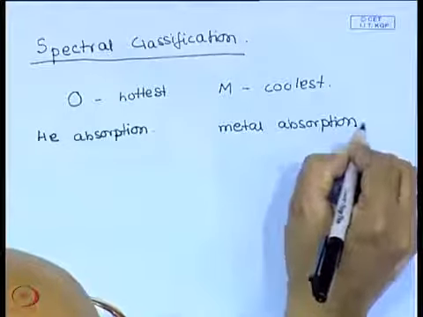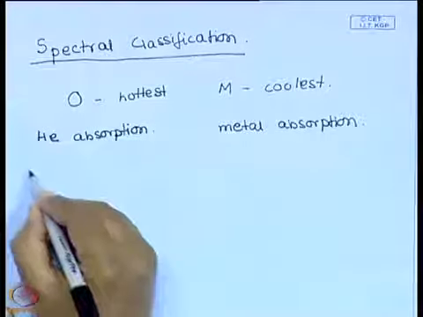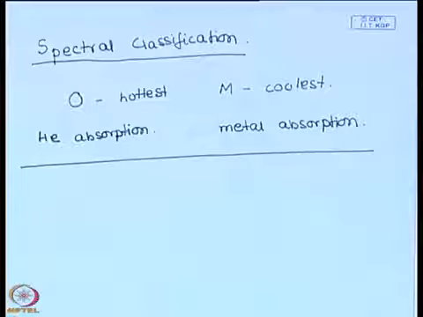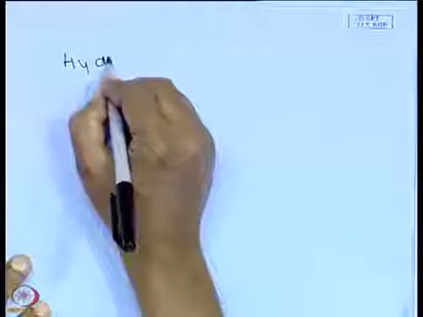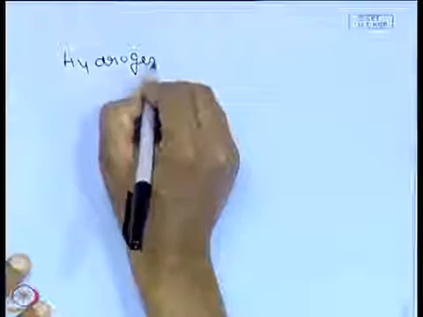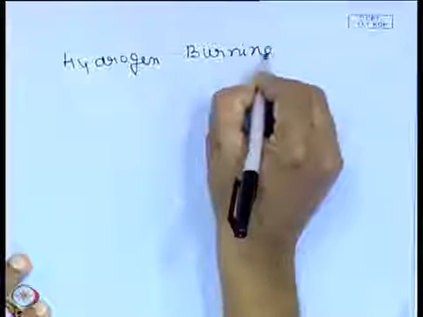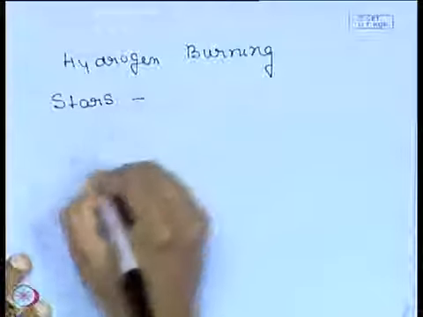These are the two extremities. The whole spectral classification is as follows. So, the hydrogen burning stars. Okay, before I proceed any further, a point which I should have mentioned earlier: stars which burn hydrogen are referred to as main sequence stars.